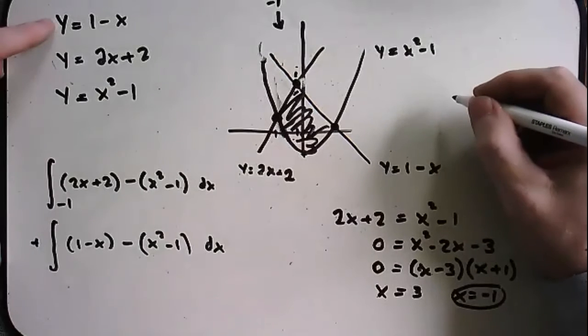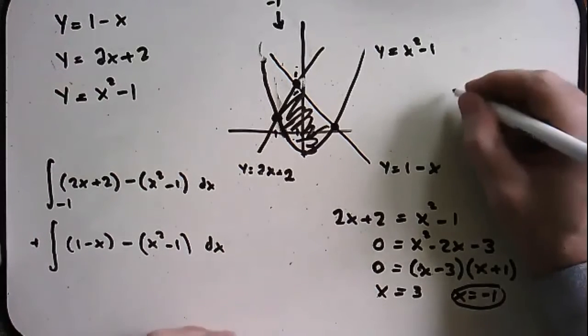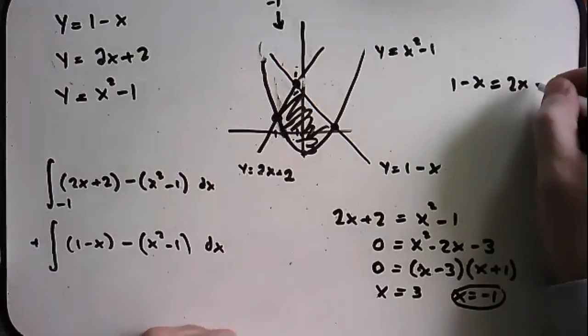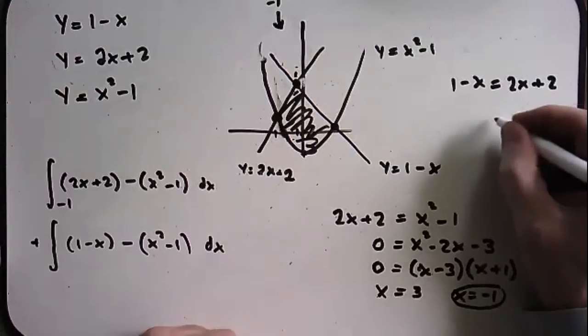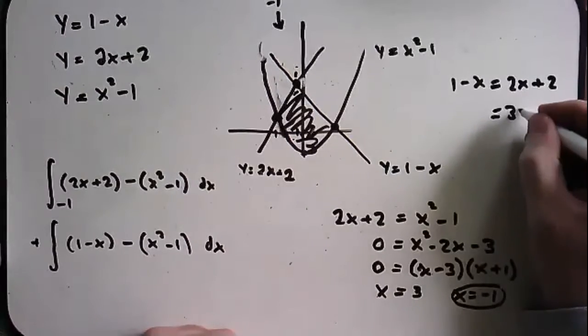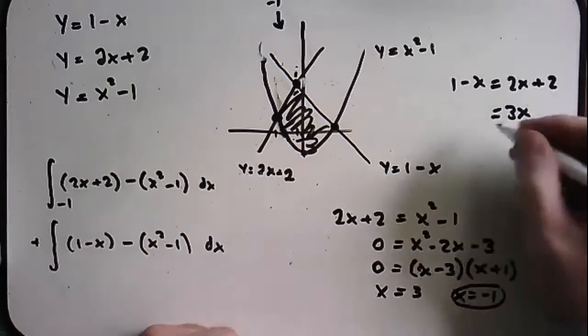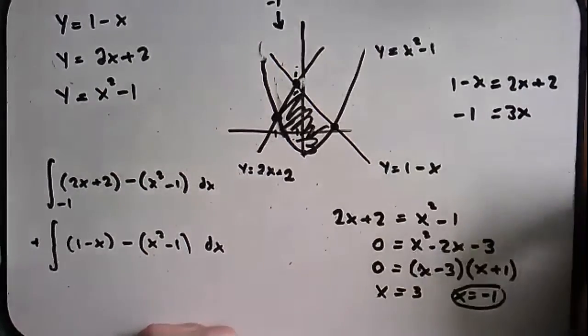We have y equals 1 minus x, and we have y equals 2x plus 2. So we want to set 1 minus x equal to 2x plus 2. We'll get all our x's on one side, so add x to both sides, we get 3x. We subtract 2 from both sides, so we'd have 1 minus 2.